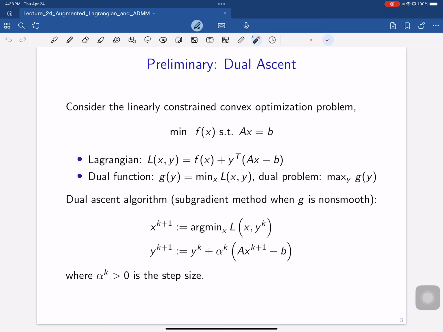So you'll see very quickly what dual ascent is. Remember in the previous lecture, we talked about the subgradient method, where you can prove that Ax minus b, when x is the optimal solution of the Lagrangian subproblem, gives you the subgradient of the dual problem. And then you can do something like a subgradient descent or supergradient ascent.